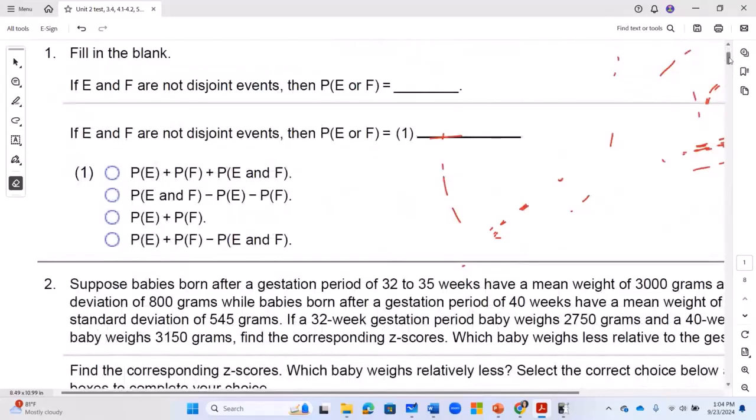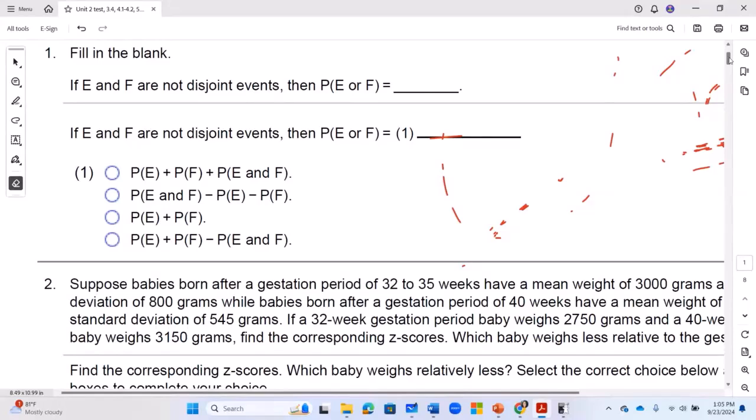Not disjoint means they are joint. If event E and event F are not disjoint events, then what is the probability of E or F?